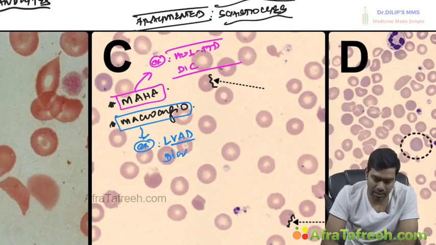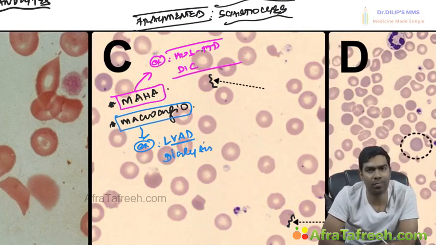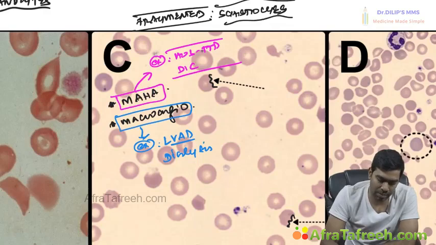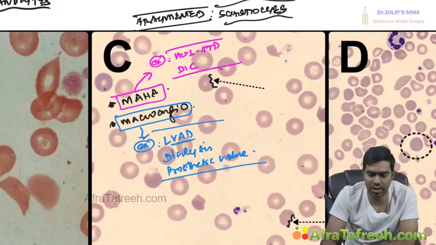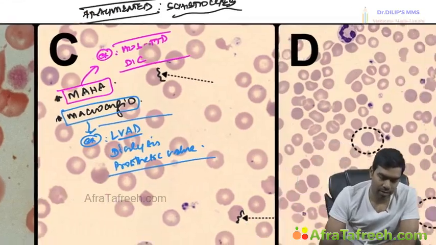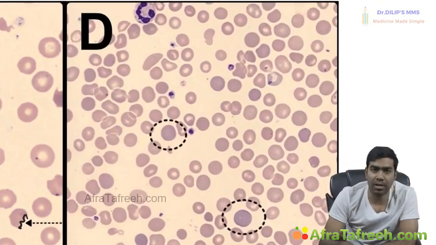Then you can get it when the RBCs are passing through a hemodialysis circuit. Absolutely possible. Then it can happen when there is a prosthetic valve in situ. In these also, schistocytes are possible. So these are the conditions where you typically see a fragmented or torn RBC, that's called a schistocyte.